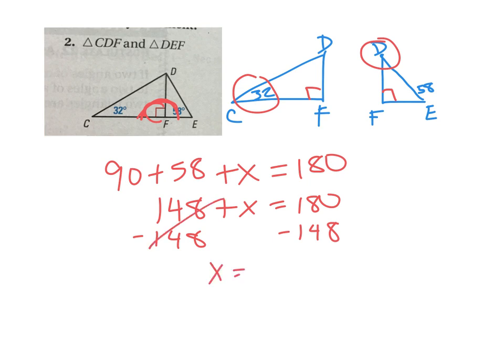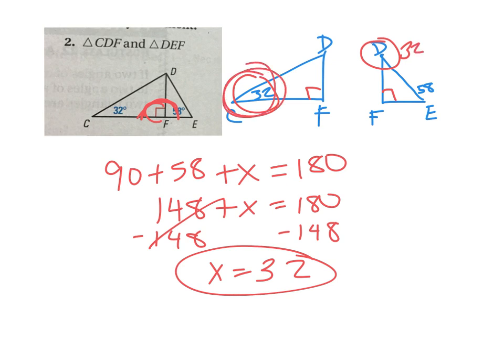And I get x equals, what's 180 minus 148? 32, right? I don't know where I got 50. 32. So 32 is D over here. Is that the same angle as this missing one over here? Yeah.